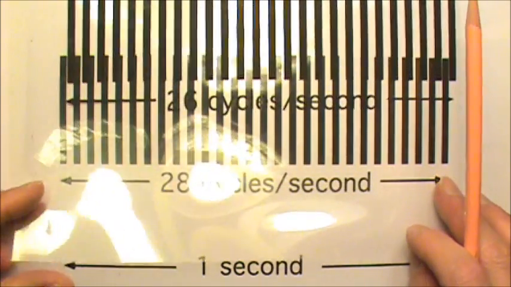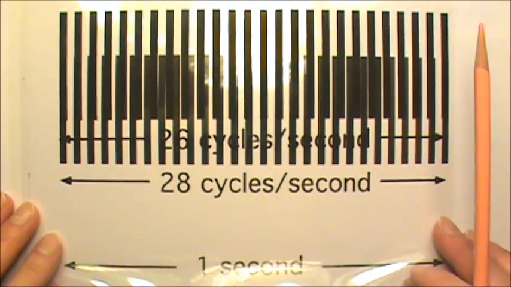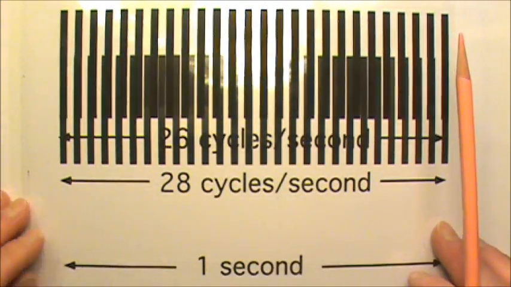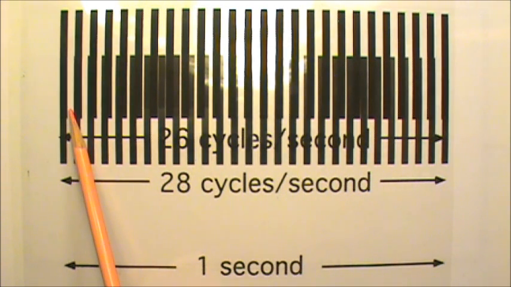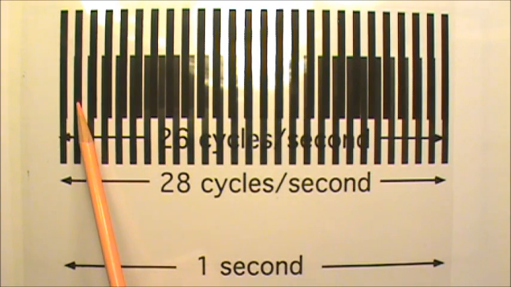Now, if I make those two overlap, that means those two waves interfere. This is what I get. Let's say the black is the peak, so it's peak overlapping with peak, trough overlapping with trough, so we have constructive interference over here, so we hear loud sound.